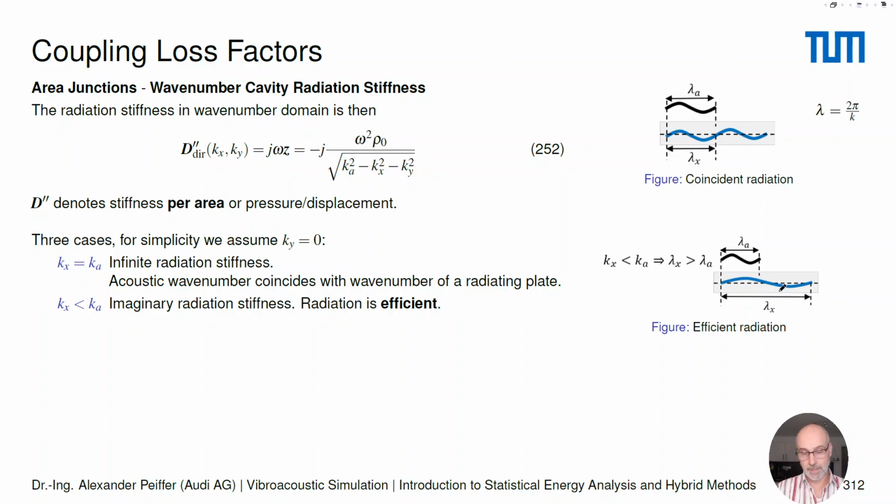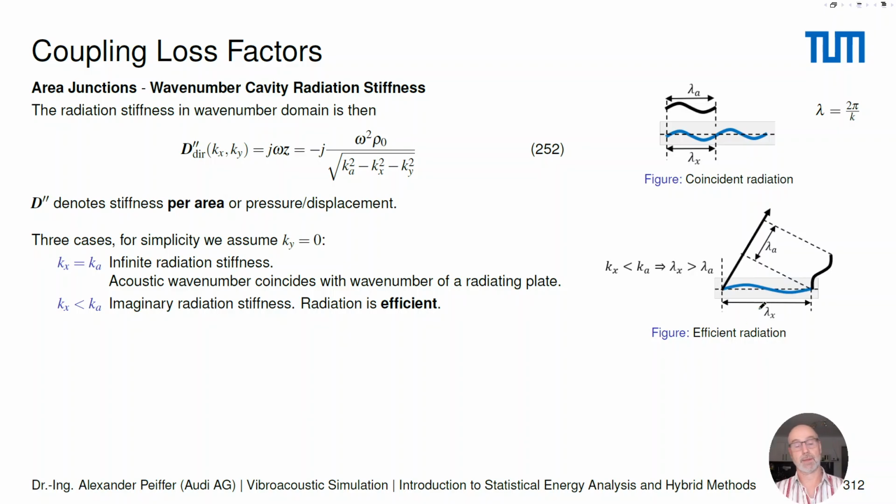In wavelength, it is a situation when the wavelength is longer than the acoustic wavelength, because if the wave number is smaller, it means that the wavelength is larger. Good. Depending on the angle, you will always find an angle where you can perfectly radiate into the free field, and where the projection of this wavelength to the structure would fit exactly to each other.